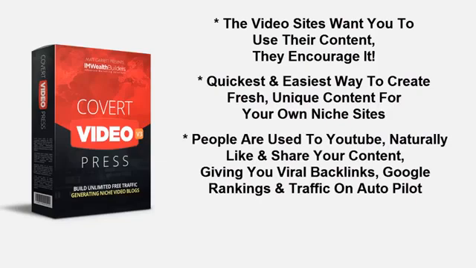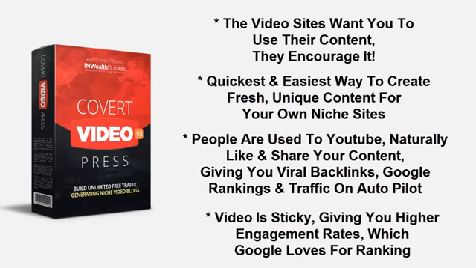And people are used to YouTube. They will naturally like and share your content, giving you viral backlinks, Google rankings, and traffic on autopilot. Video is sticky. It gives you higher engagement rates, which Google loves for ranking. All of this adds up to more free targeted traffic for your niche video sites.